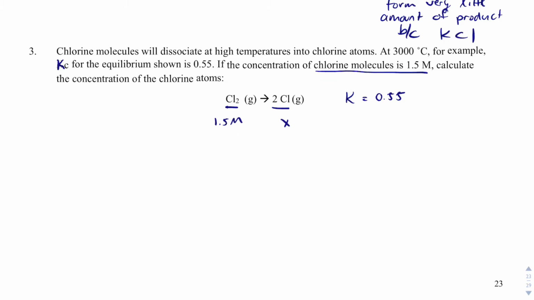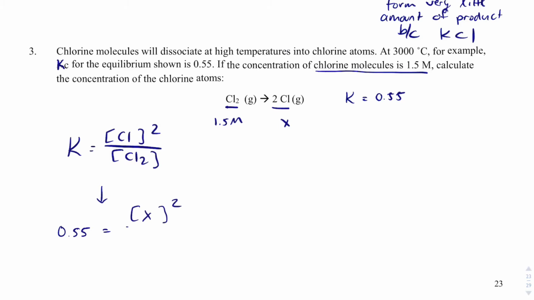Okay, so watch how we're going to do this. We're going to write the K expression. K is equal to the concentration of Cl squared over the concentration of Cl2. We're going to plug in what we know. We get 0.55 equals X for Cl squared divided by 1.5.